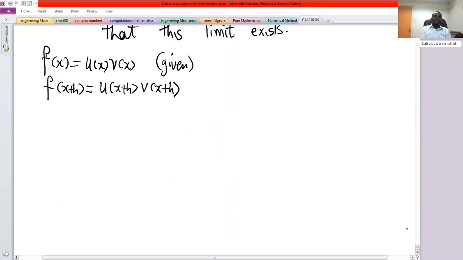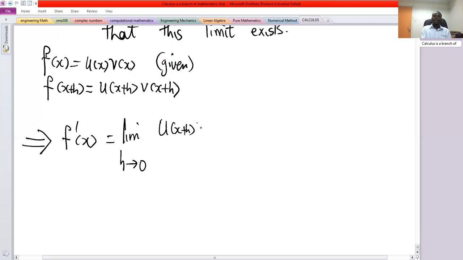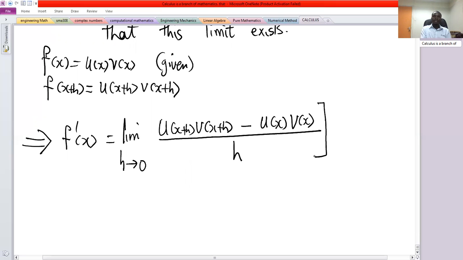Which means that the derivative f prime of x will be the limit as h approaches 0 of u of x plus h v of x plus h minus u of x v of x, divided by h. This is just replacing the values into the definition of the limit. That's the first step.